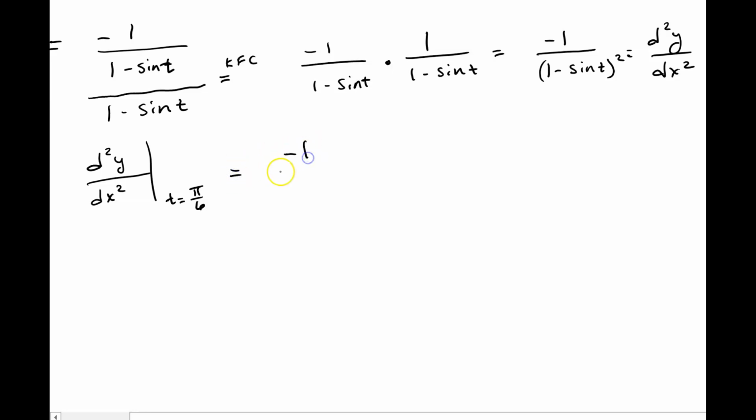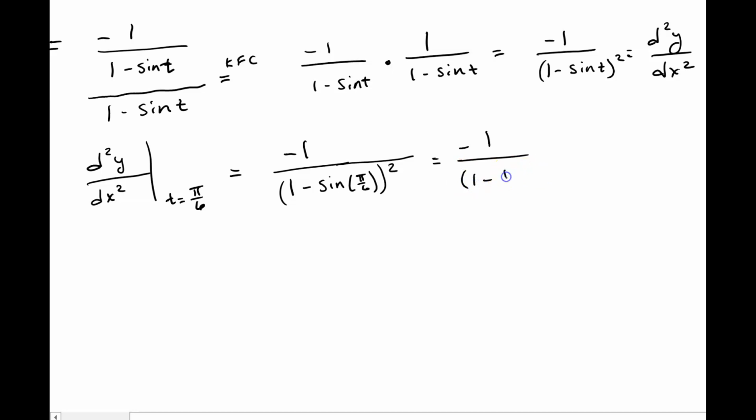Well, that's a negative 1 on the top, and we have 1 minus the sine of pi over 6 quantity squared. Sine of pi over 6 is just 1/2 from the unit circle.